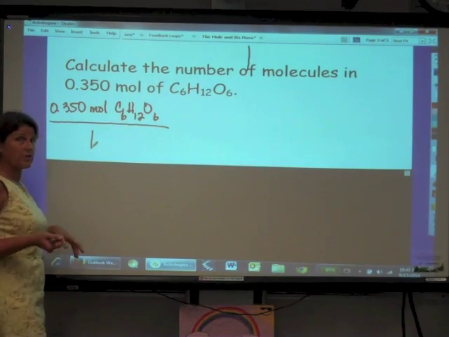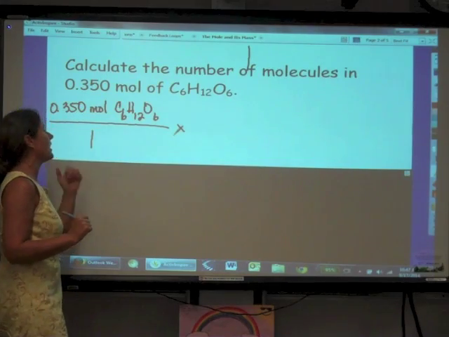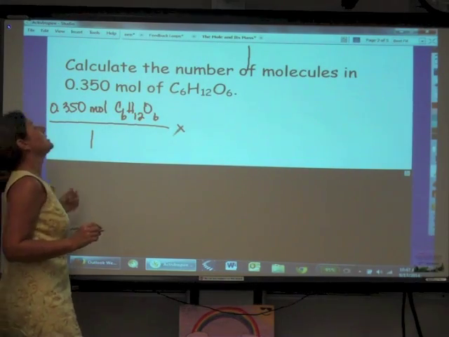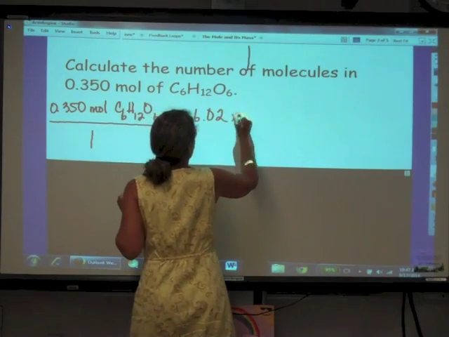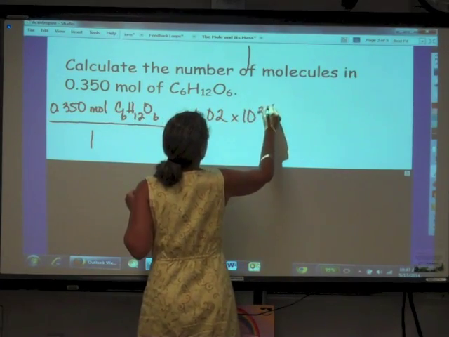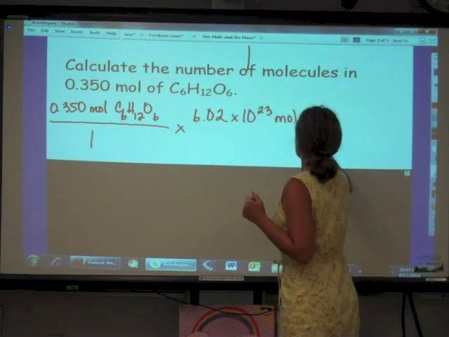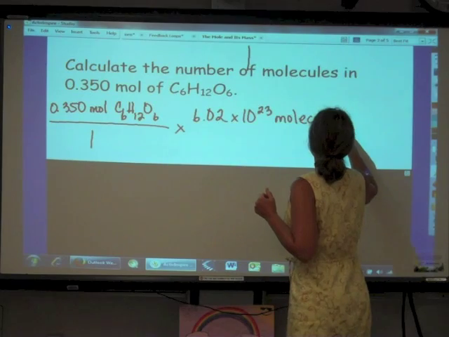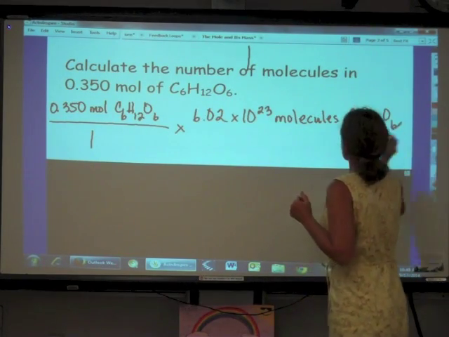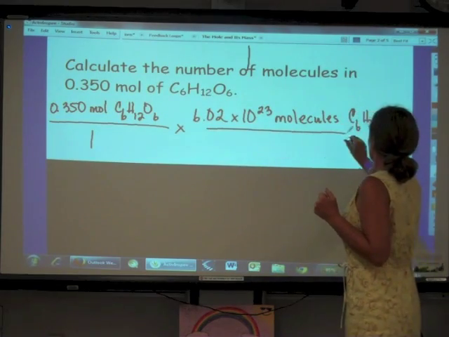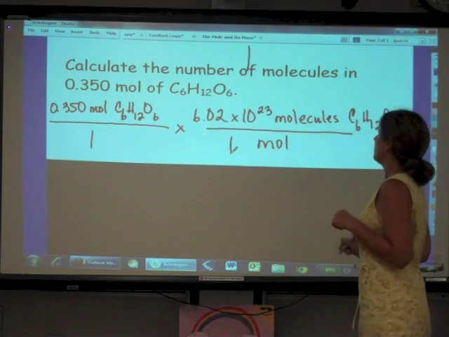Okay, that's Avogadro's number, so I'm going to use some dimensional analysis here, 6.02 times 10 to the 23rd molecules of C6H12O6 per mole. And we can put per 1 mole.